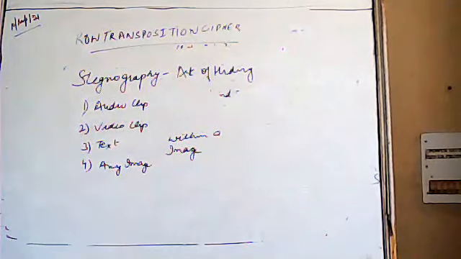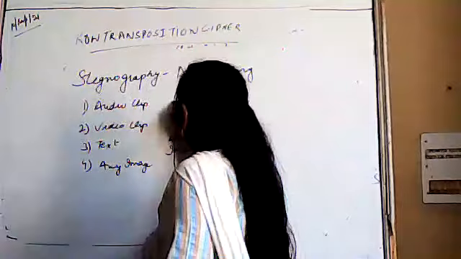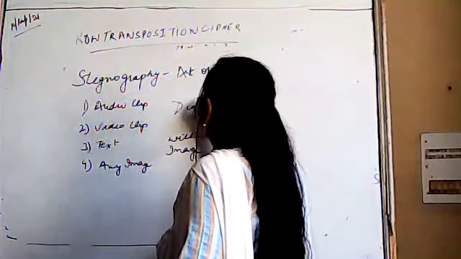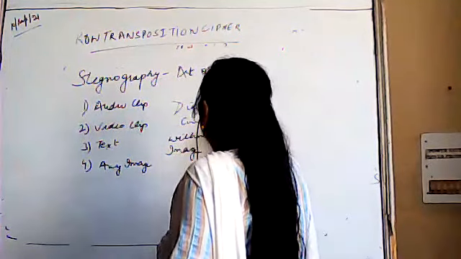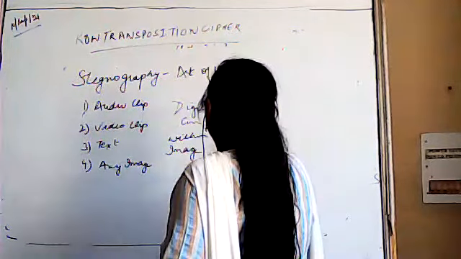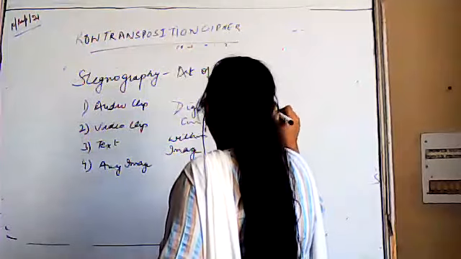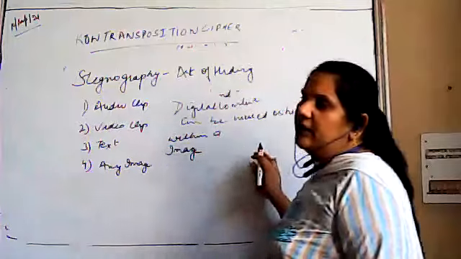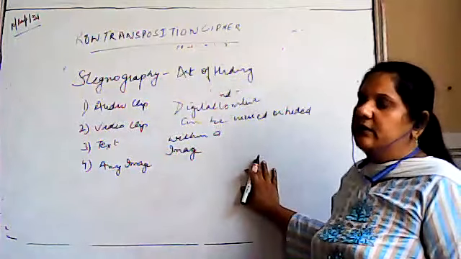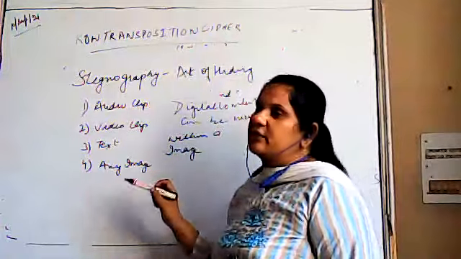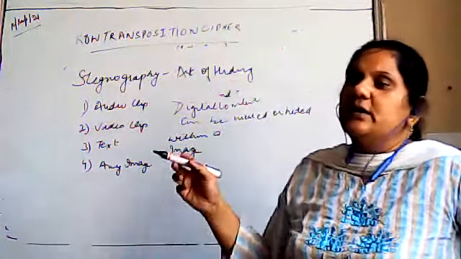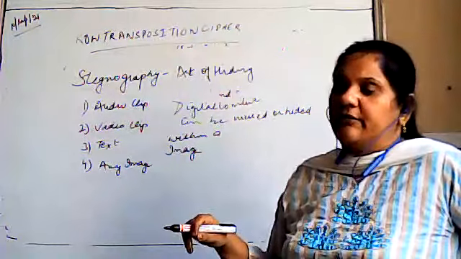That is, any kind of digital content can be inserted or hidden within an image. That is called steganography, where you can hide any audio clip, video clip, text, or any image behind another image.